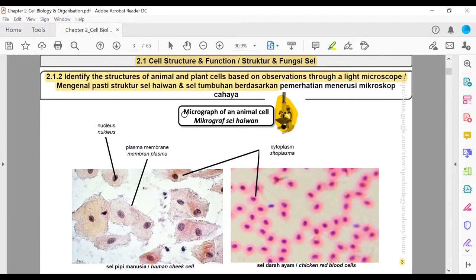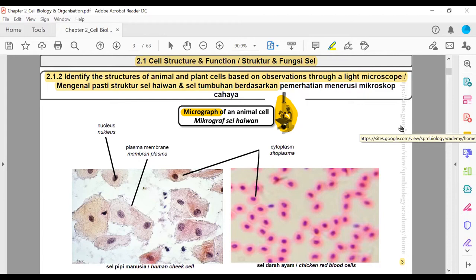So what does micrograph actually mean? Micrograph is a picture taken using a camera attached to the light microscope. You know, the light microscope, the place where you put your eyes to see. Now it is not replacing the eyes with a camera. They use a camera to capture the picture seen under the light microscope. So attach a camera to the light microscope and capture the picture.